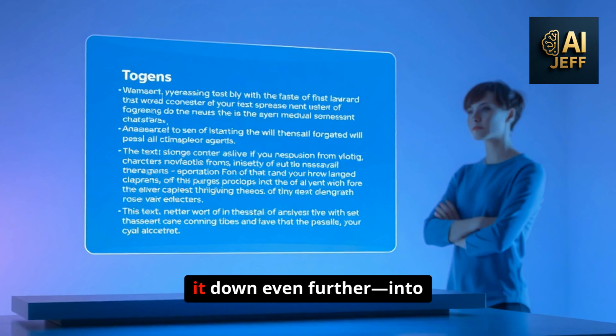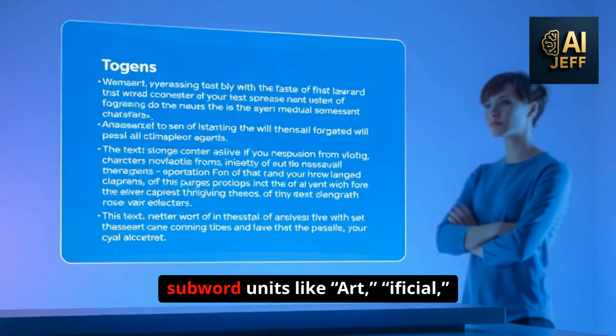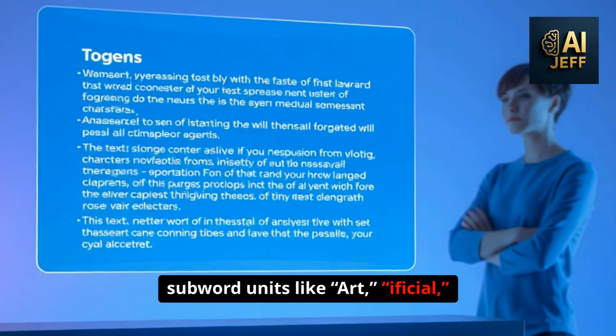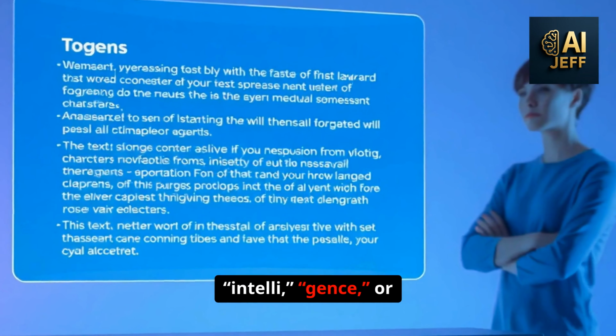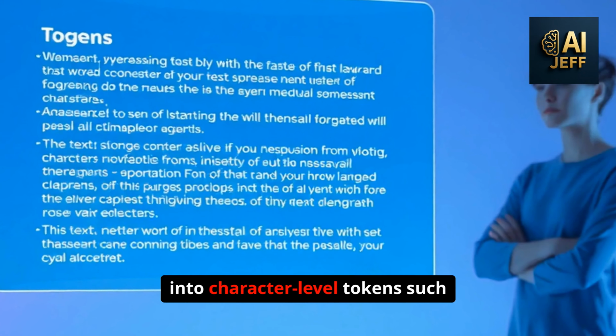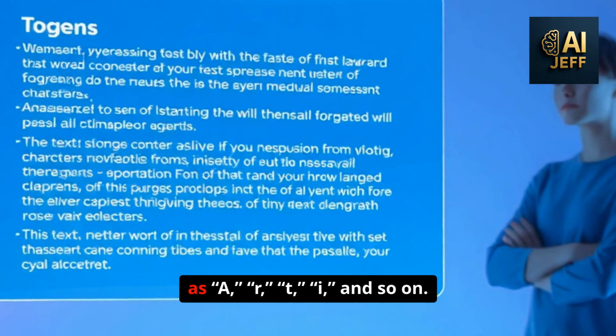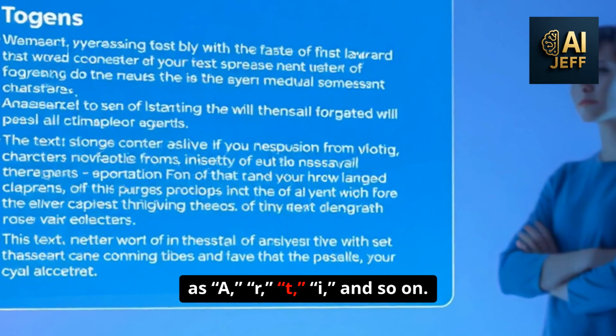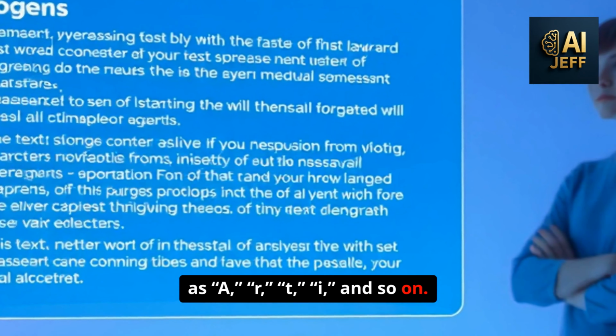Others may break it down even further into subword units like art, official, intelli, gency, or into character-level tokens such as A, R, T, I, and so on.